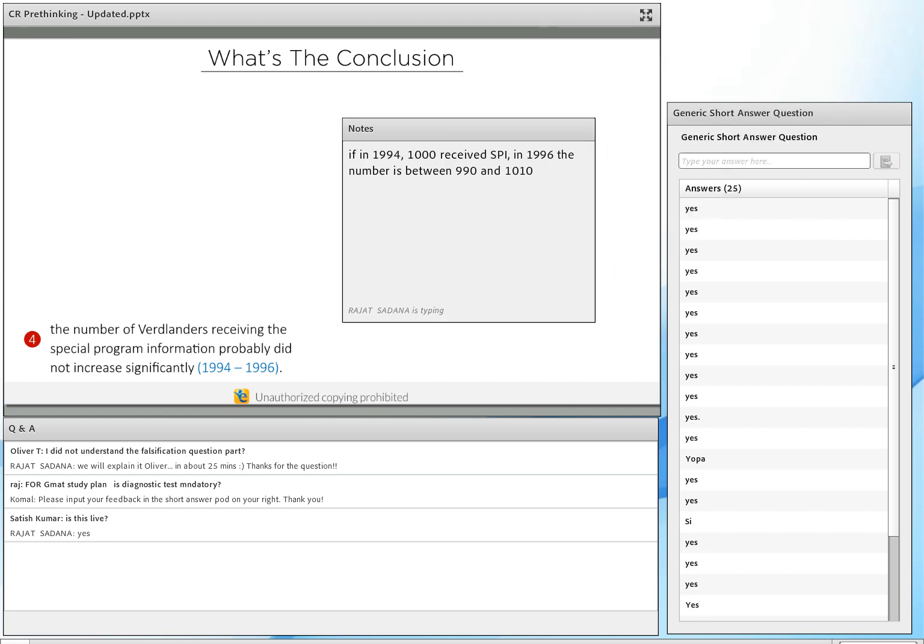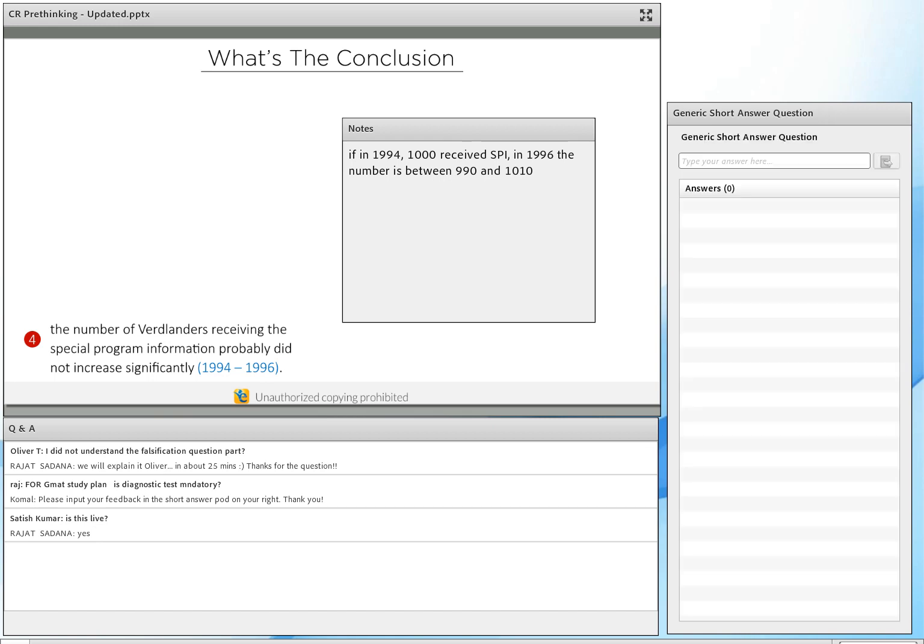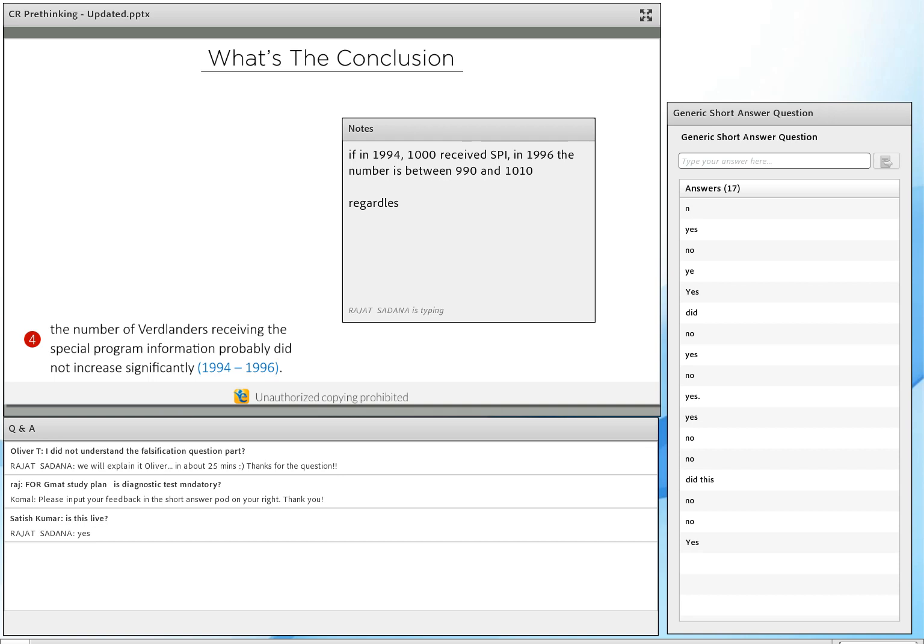But essentially you need to form a visual in your brain to be able to answer this, and that formulation of that visual is really important. How many of you actually did some of this? If in 1994 1,000 people received special program information, then in 1996 that number is between this and this. And by the way, if you want to add a bit more context to it, you'd say regardless of the population.